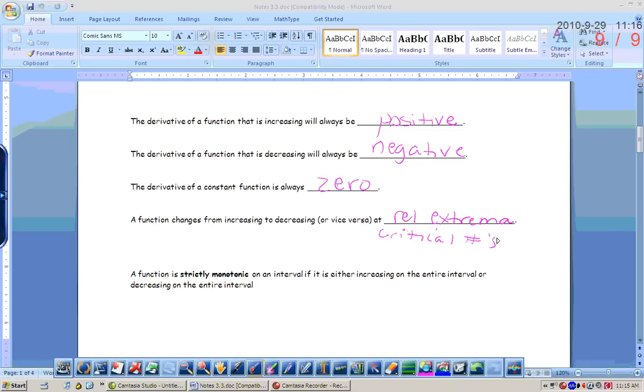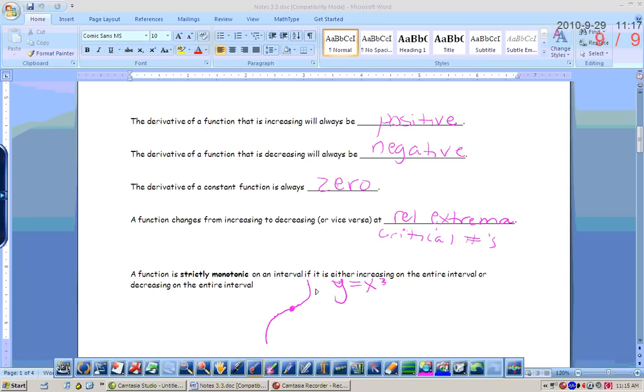All right, and then one more vocabulary word for you. A function is strictly monotonic on an interval if it is increasing on the entire interval or decreasing on the entire interval. So if from negative infinity to infinity, your function is always increasing or always decreasing, it's strictly monotonic. The best example that I can think of is y equals x cubed.